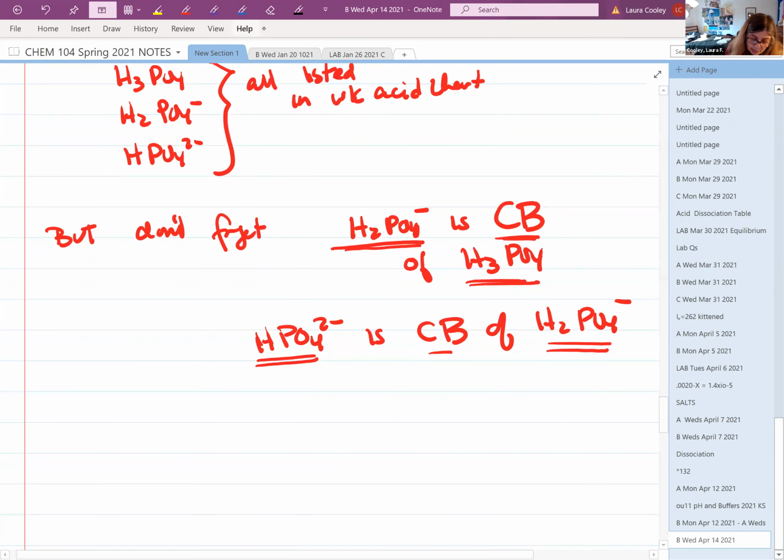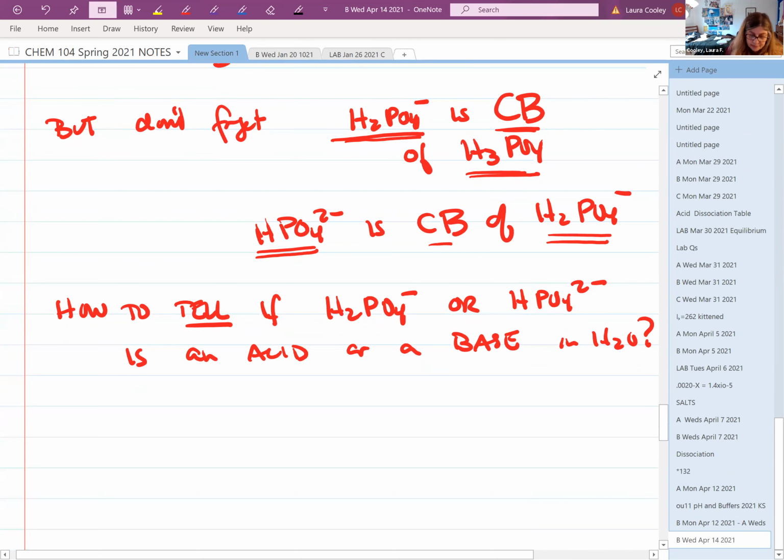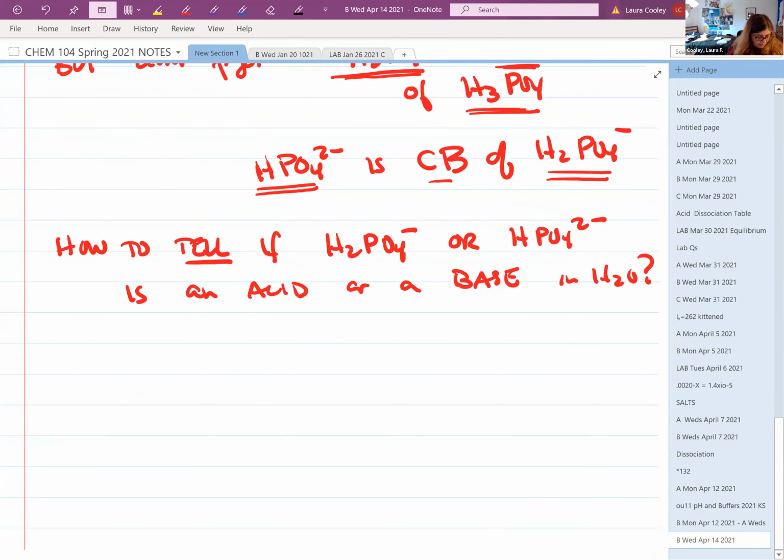So I just want to finish by saying, how can you tell if H2PO4 minus or HPO4 2 minus is an acid or a base in water. What you have to do is figure out, let's take H2PO4 minus.